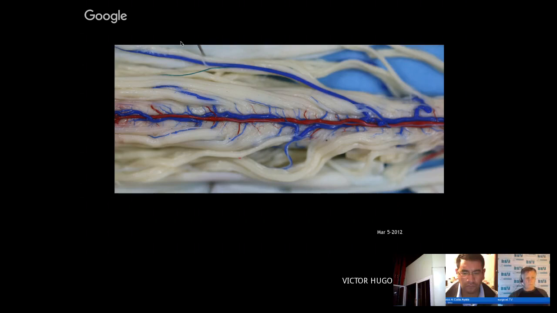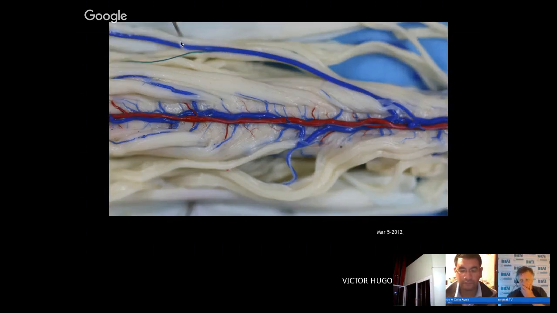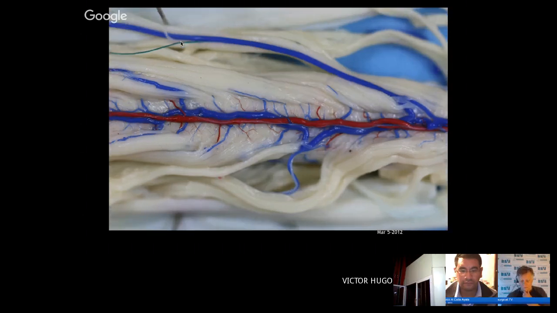The vein. We can see a great anterior vein. Beautiful, this picture. The vein and also the artery.